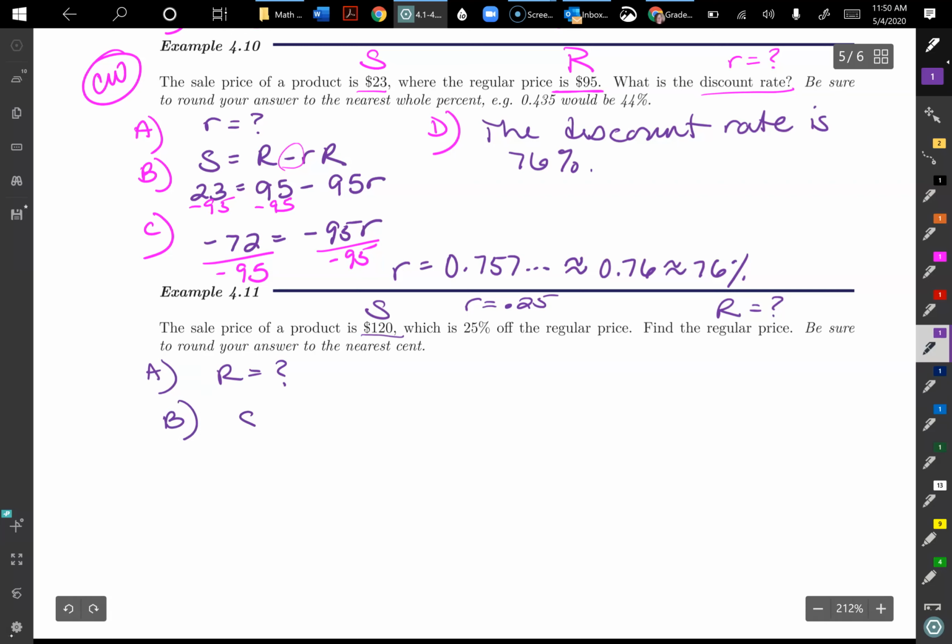B, you can fill in your formula, same one, because it's off the regular price, so it's a discount.